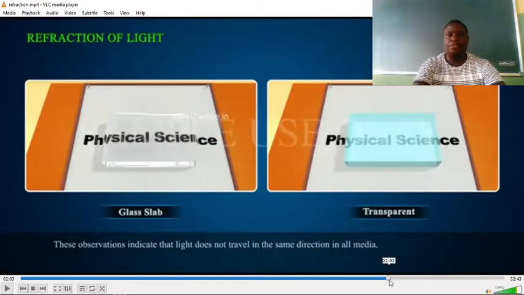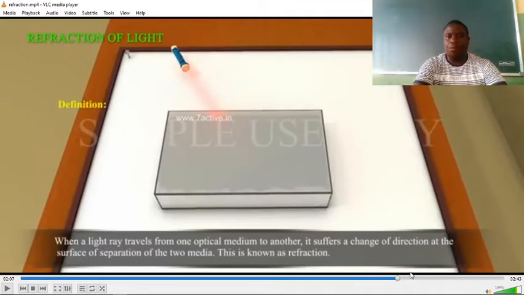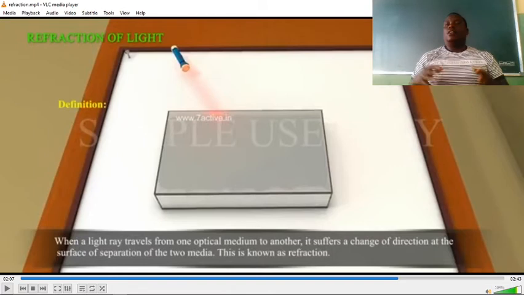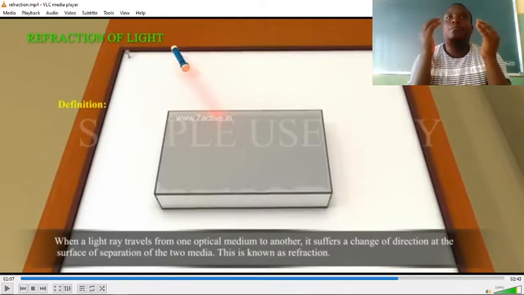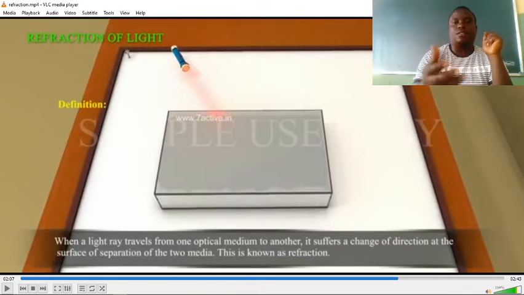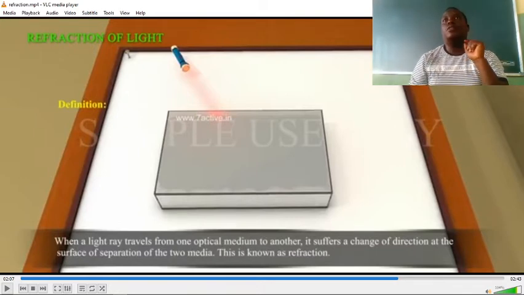Good. You have seen that through this video. You have seen that when light is traveling from one medium to another, meaning there are two media separated by a transparent material, not an opaque material, such as glass or water.